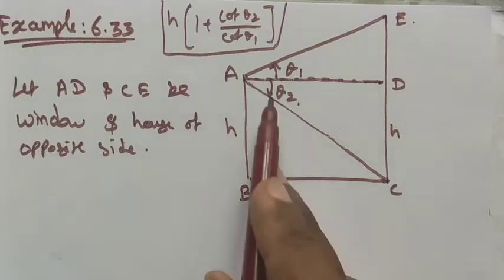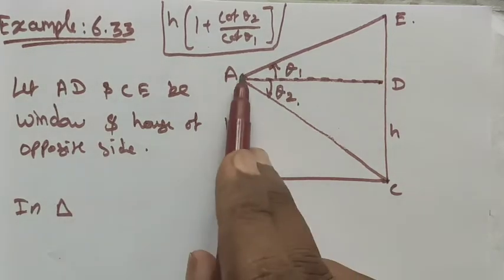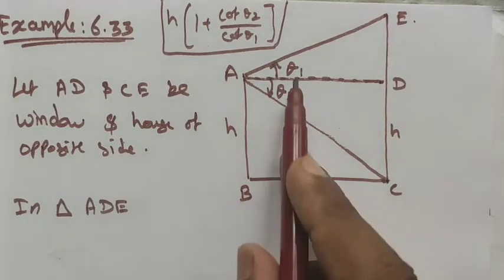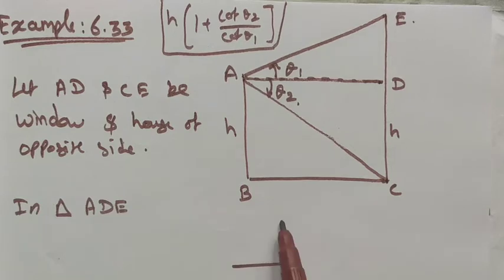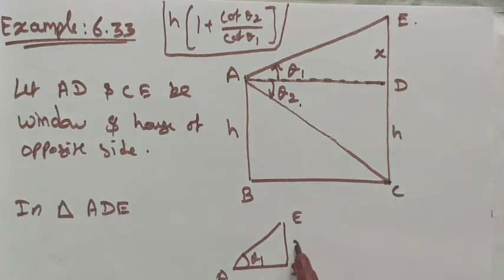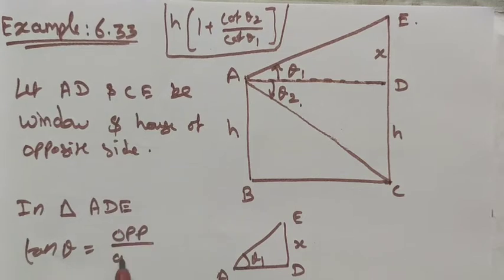First we take the triangles one by one. In triangle ADE, see, I draw another one roughly. This is theta 1, this is E, D, and this is A, right? This is unknown value, let me take it as x. Now theta is inclined here. Tan theta is equal to opposite side divided by adjacent side.